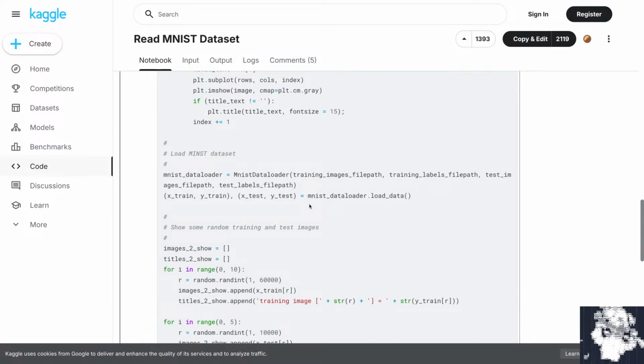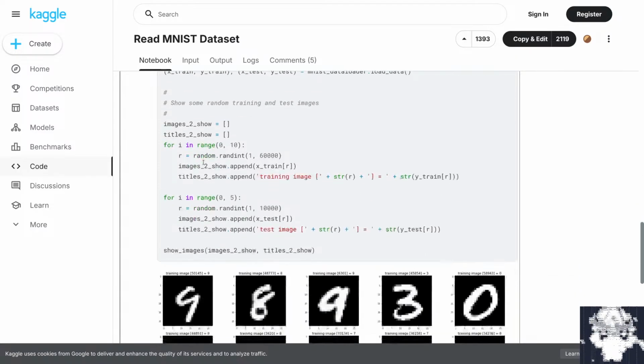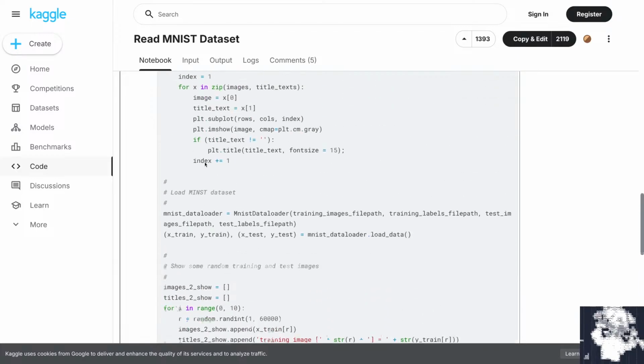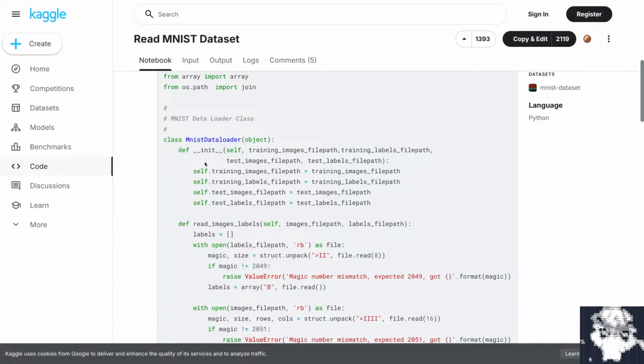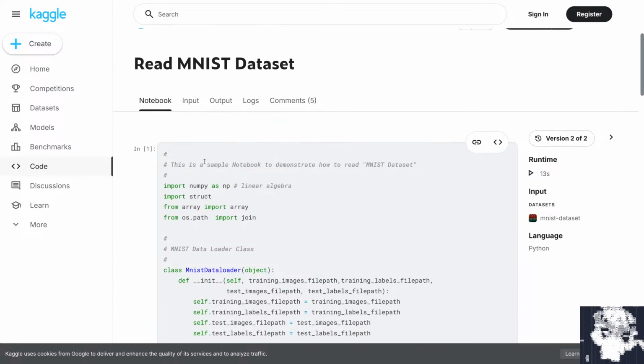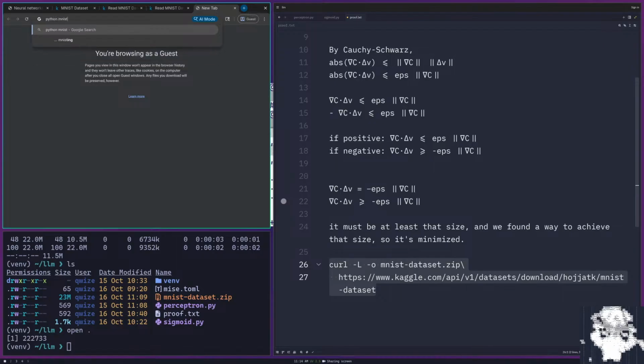This is so annoying. Like X train, Y train. I don't know what these things mean. What about the other thing we were looking at? Python MNIST.